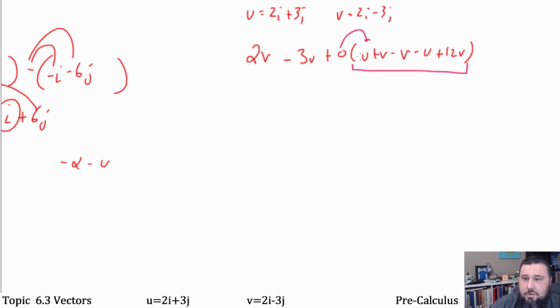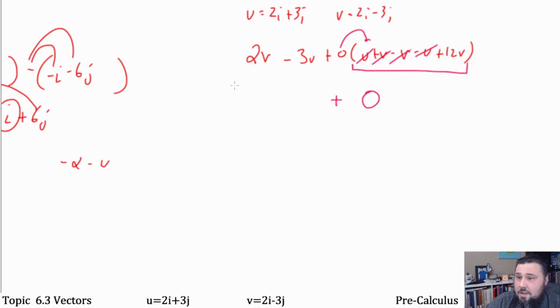This is your car. 0 times anything is just going to be 0. If you want to do all of that, you can already see this is going to cancel anyways, and this is going to cancel anyways, and you're just going to be left with 12v. Then you're going to get 12v times 0. So just go with the 0. Please stop beating your head against the brick wall, and please make appropriate accommodations to make it to things on time and not worn out and tired.